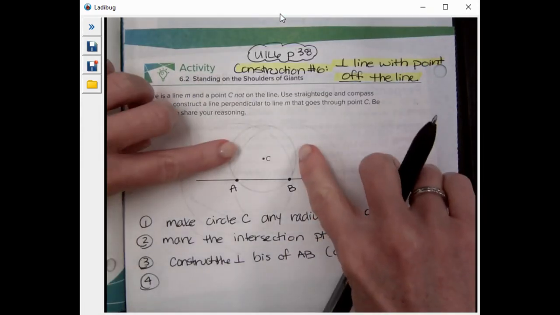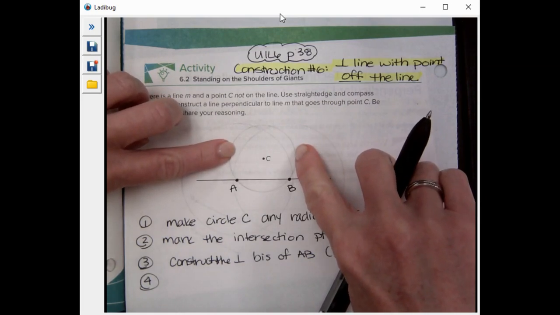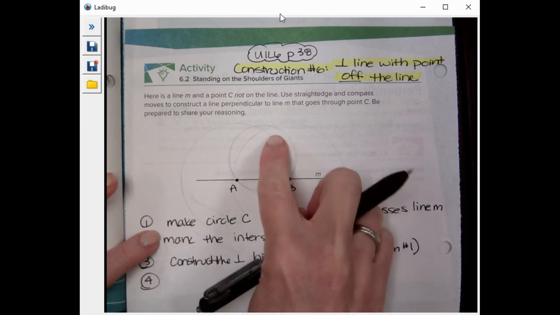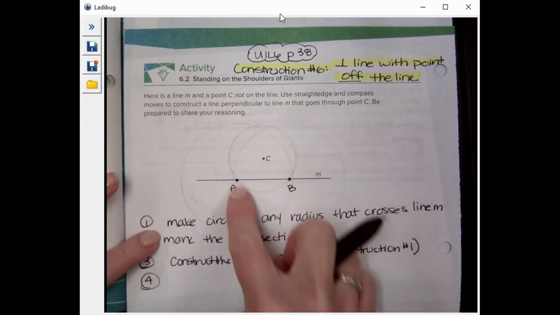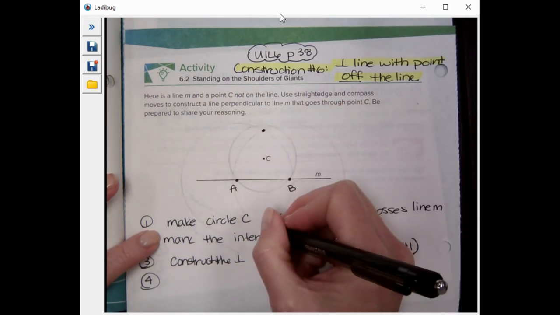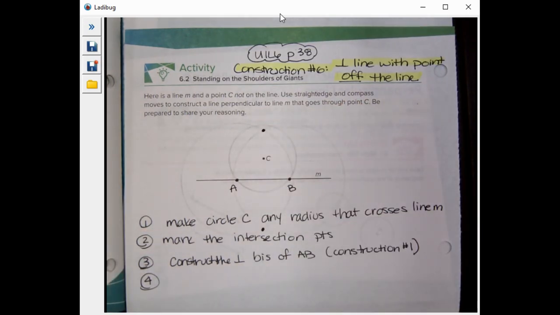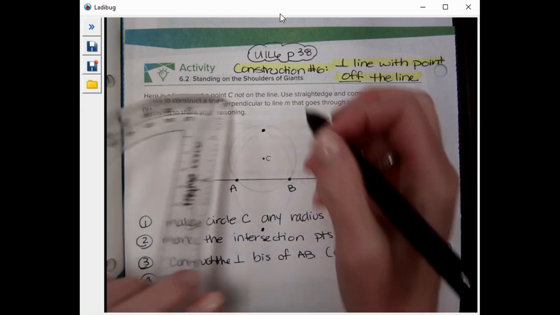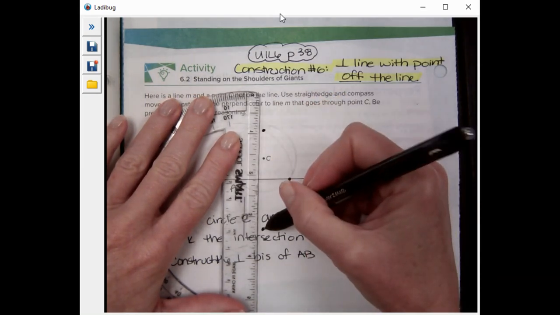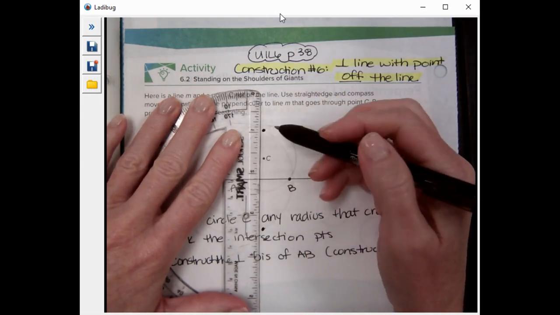First of all, I'd like you to ignore our first circle C. What I'm looking at is this big circle A on the left and this big circle B on the right. My 2 bigger circles intersect at those 2 places right there. So I have now marked where my circles intersected, and I'm going to connect this point to this point. It should be lining up with C.